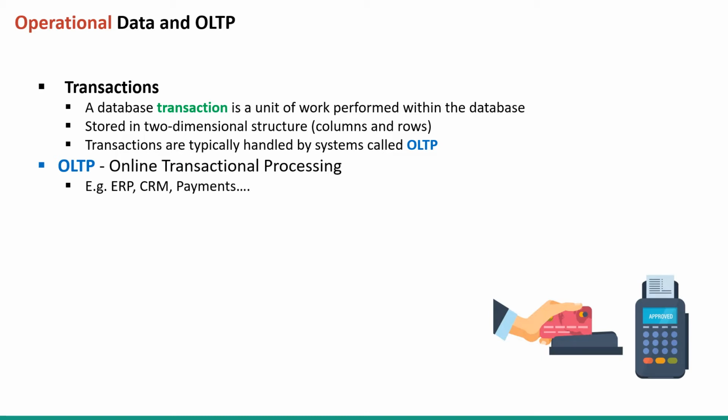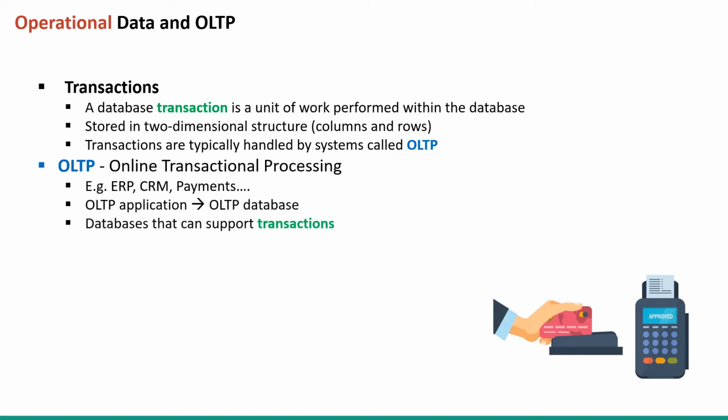Therefore, the database being used by this OLTP application is considered to be also an OLTP database, which means a database that can support transactions. In a typical organization, we'll find many OLTP applications and therefore many OLTP databases being used by those applications.